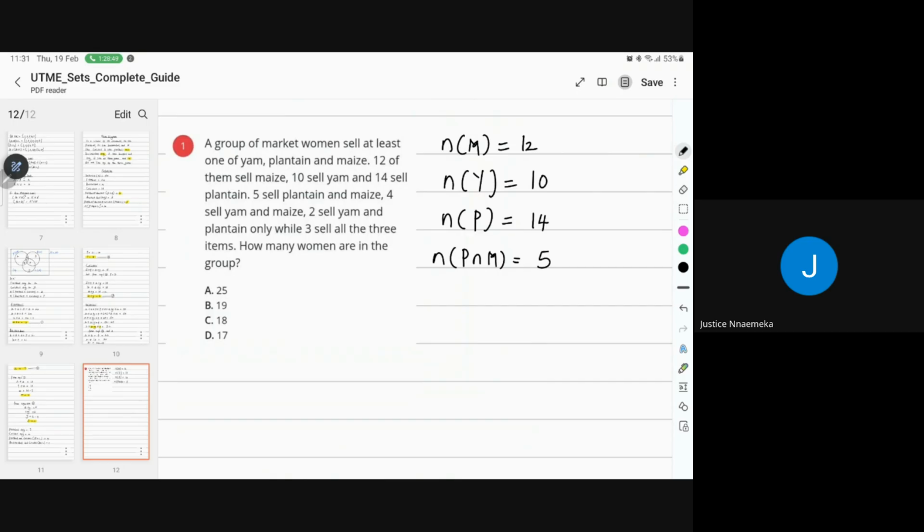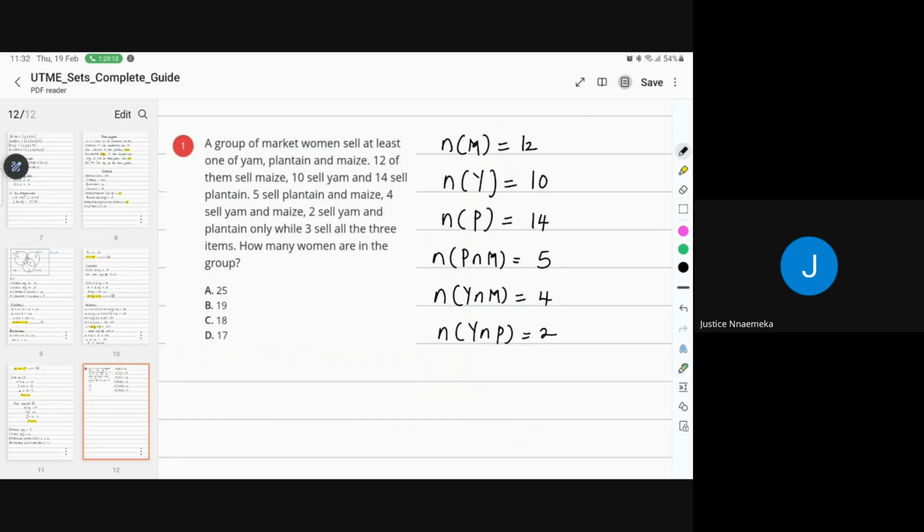The number selling yam and maize is equal to 4. The number selling yam and plantain is equal to 2.